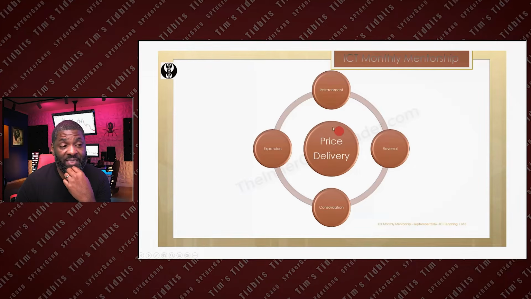When it comes to price delivery, you have four elements, four contexts, four frameworks, right? But the way they work together is in the sense of price delivery.